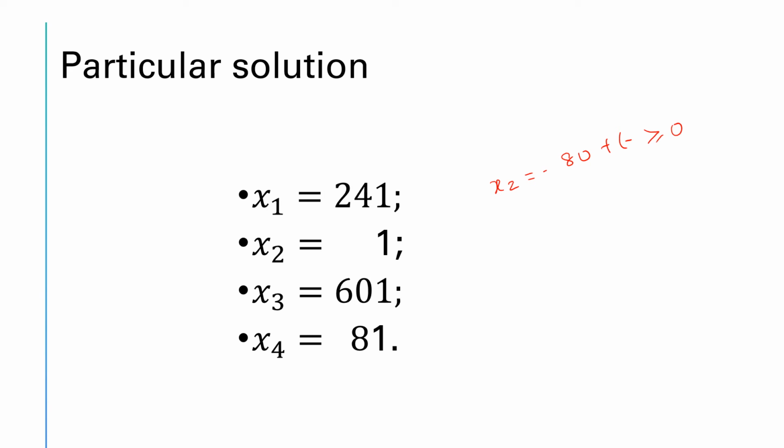If I take t equal to 81, then x2 will be 1, because I want this to be greater than 0. By taking t as 81, that is my minimum value for t, I get the values for x1, x2, x3 and x4. The minimum value of x2 must be 1 in this case.